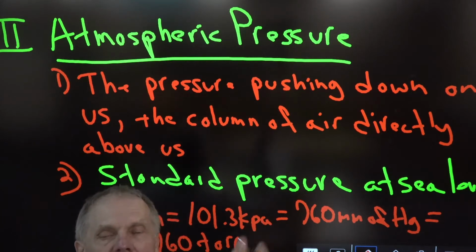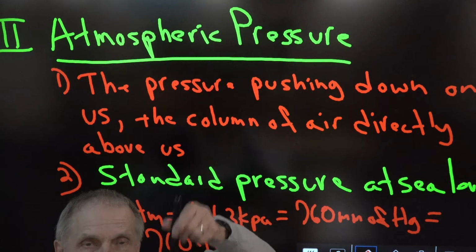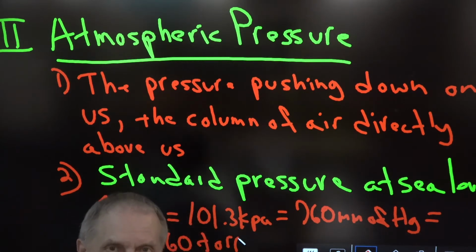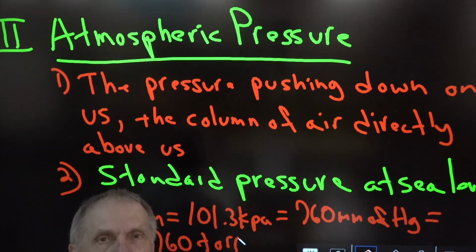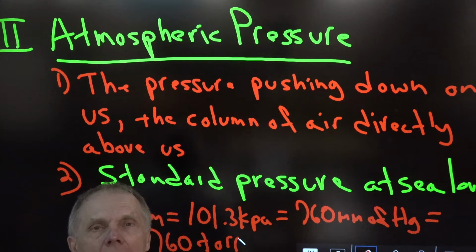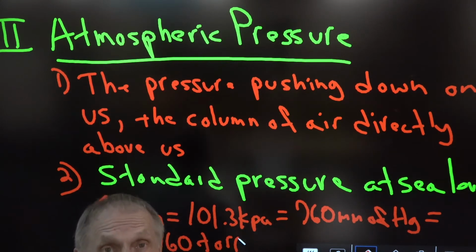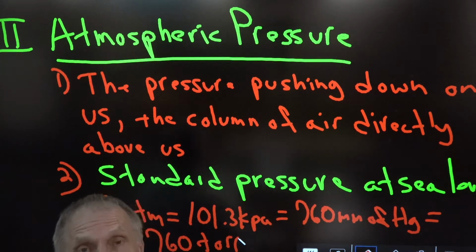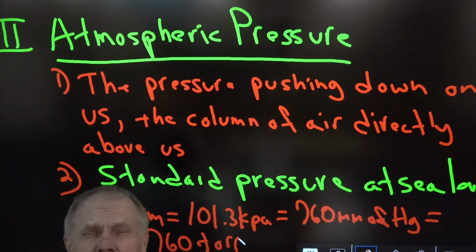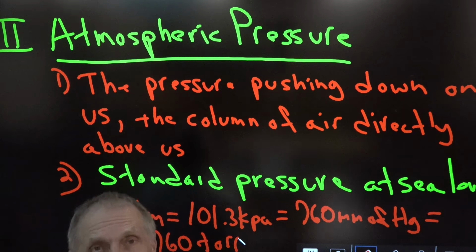And then when he went up into the, I guess, the Italian Alps, there was less pressure pushing down, so more mercury fell out, so his barometer went down. So the higher you go in elevation, the lower the atmospheric pressure gets. And that's going to be a big, big thing coming up when we talk about boiling point. So that was Torricelli in about 1620. He discovered the barometer and air pressure.